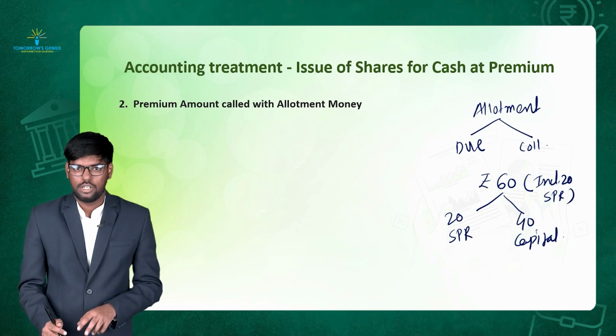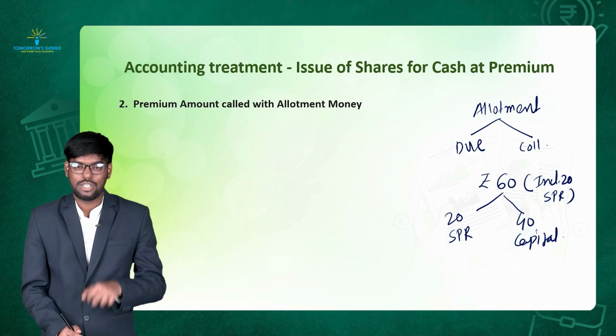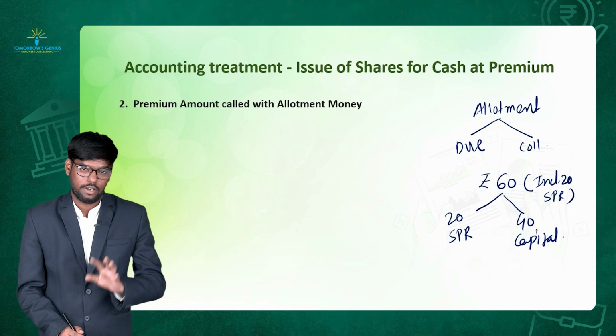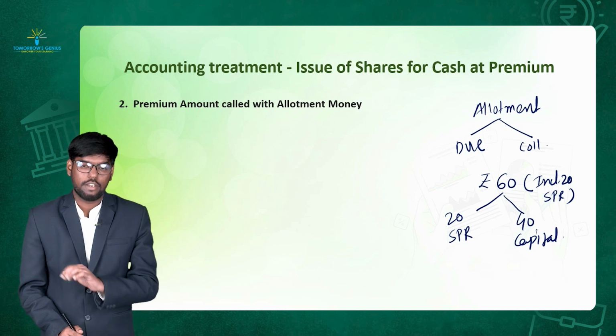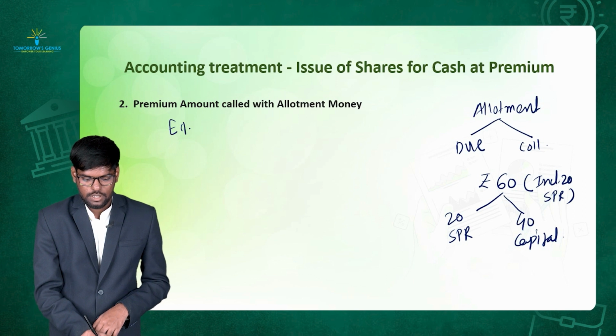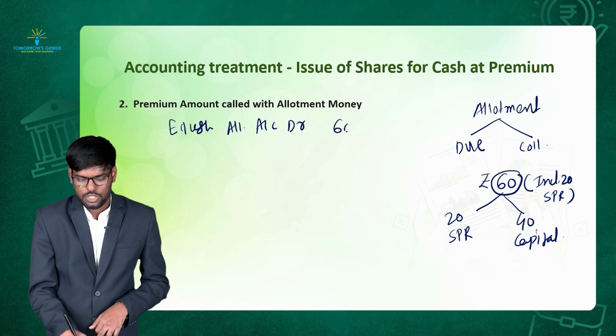Now I need to pass journal entries accordingly. The first entry that we have to pass at the time of allotment stage is nothing but transfer of allotment money. So which entry we have to pass? The entry will be equity share allotment account debit. How much is the total money? 60 rupees. So equity share allotment account debit 60 rupees.